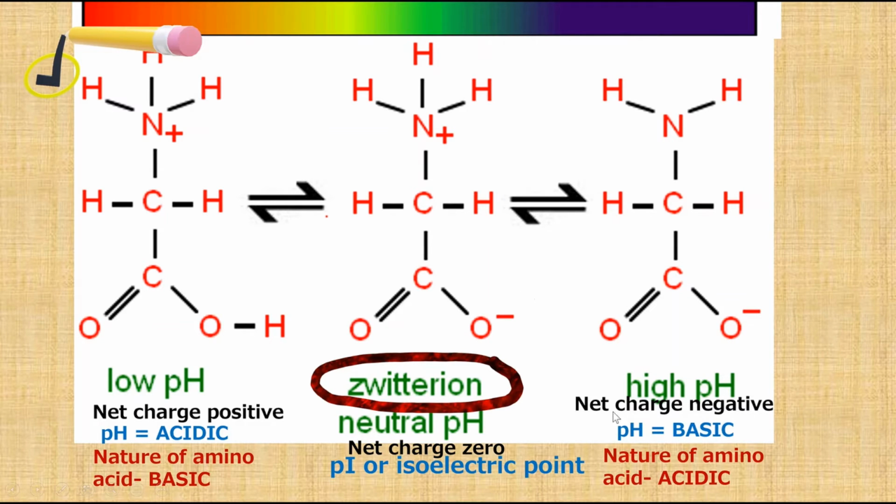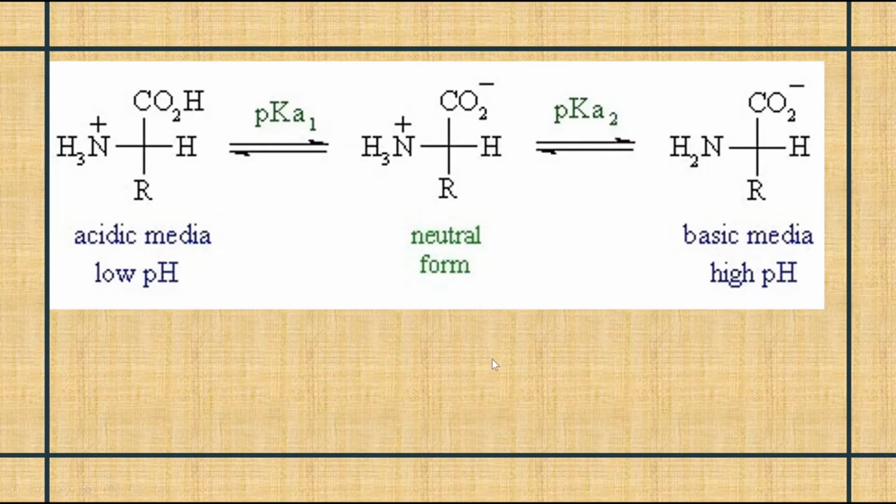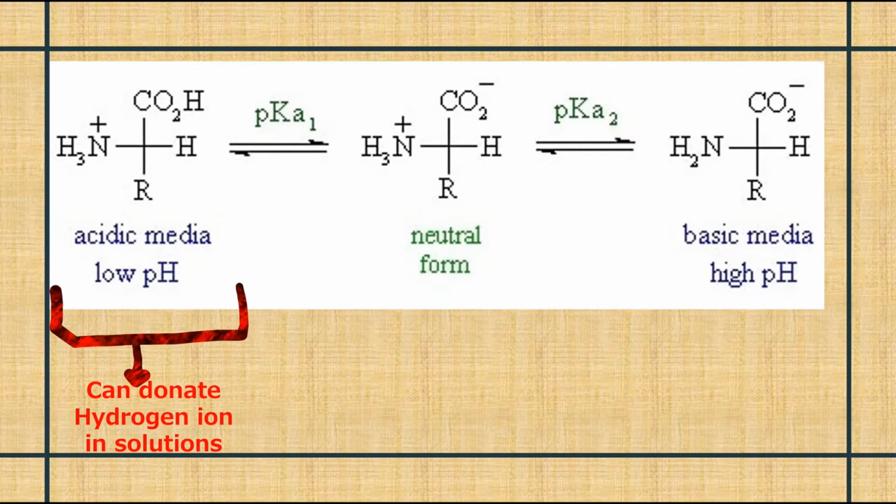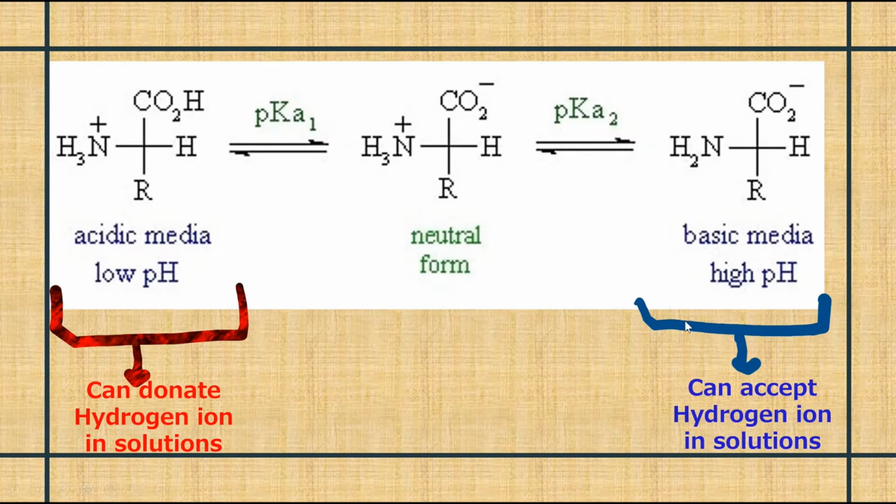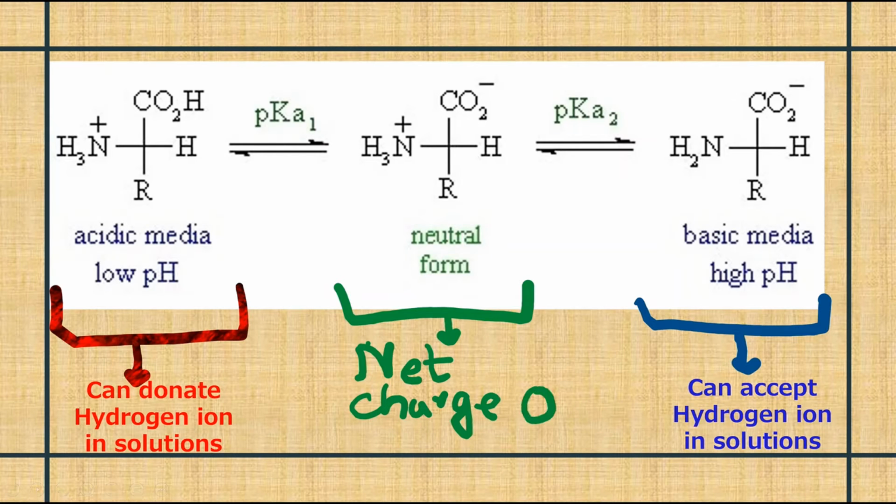Please understand this diagram carefully and note it down in your notebooks. In lower pH, since there is one extra hydrogen ion, it can donate hydrogen ions in solution. Similarly, in the basic pH, they can accept hydrogen ions in solution because they have a negative charge, and in neutral form the net charge is 0.